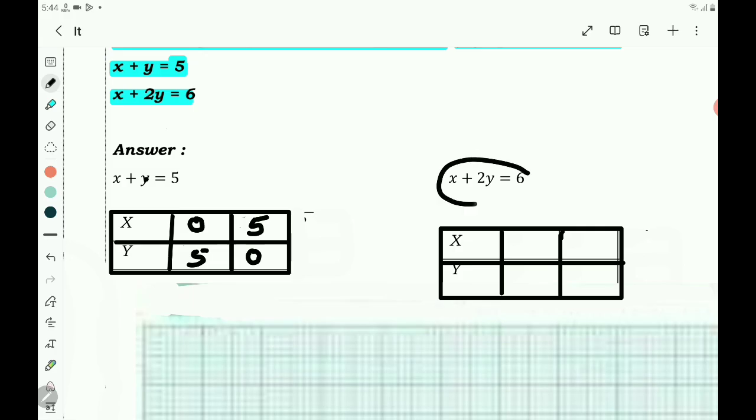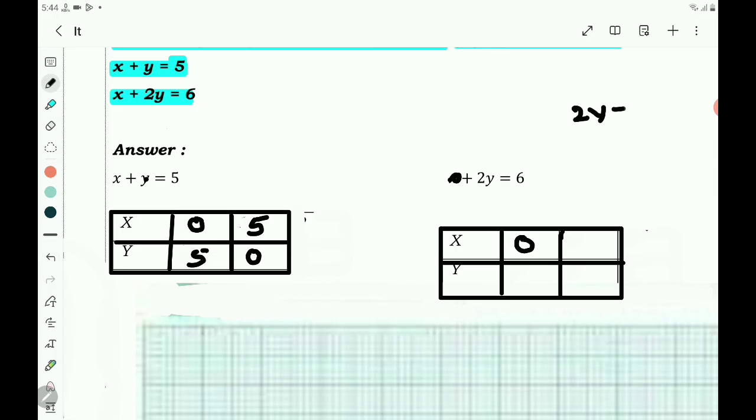Next come to the second equation. Here also you take x value 0 and get the y value, and take y value 0 and get the x value. So let us take x is 0. If x is 0, you will get 2y equals 6, since there is no x.